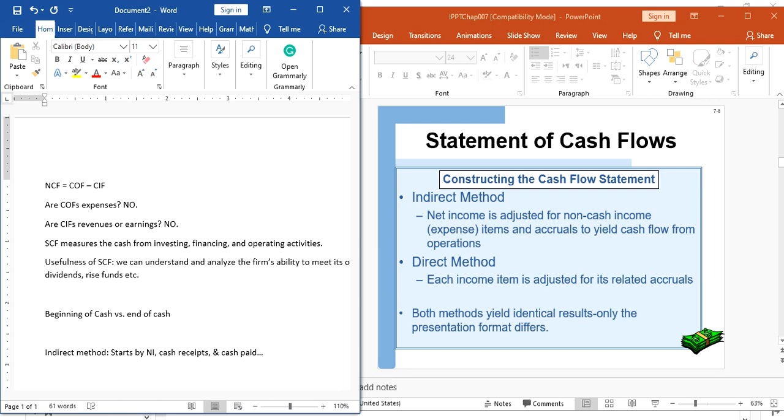But actually, this one was the direct method. Accruals yield cash flow from the operations. So that's correct.